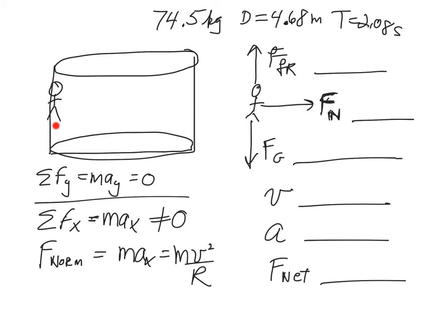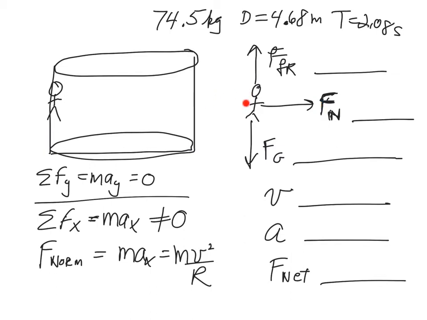And if the person's not sliding up or down, then these two forces have to be equal. So when we look at the sum of the forces in the y direction, we recognize that there's no y acceleration. And so the friction force, which is keeping you from sliding, has to equal the gravity force because they have to be 0. But in the x direction, the normal force is the accelerating force, and that's all there is.